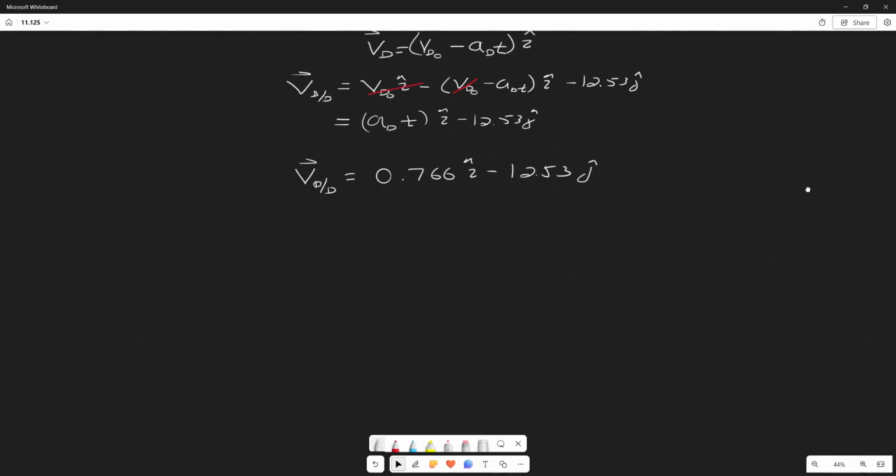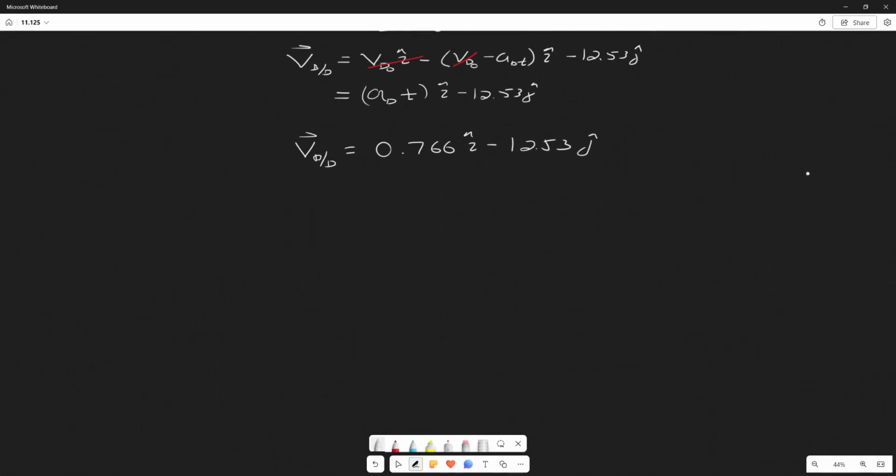The way this velocity vector appears to an observer outside of the boat, let's say on the shore, if here is the ball, it has a downward component of 12.53. It has a horizontal component of 0.766. And the velocity vector, therefore, looks like this.